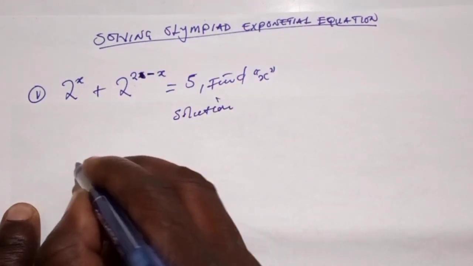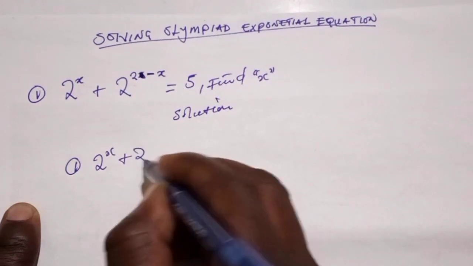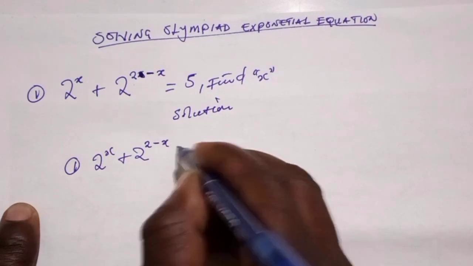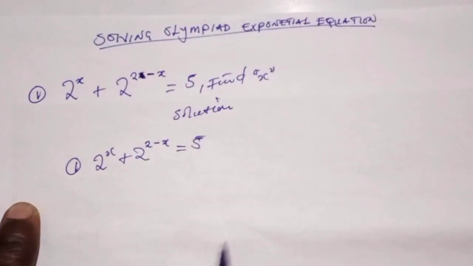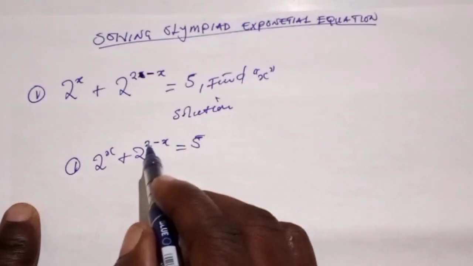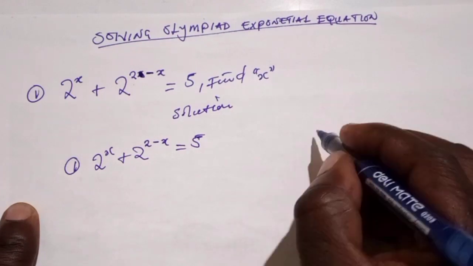For the solution, we have to write the equation first, which is 2 to the power x plus 2 to the power 2 minus x is equal to 5. Remember, when powers are subtracting, that means there is a division.